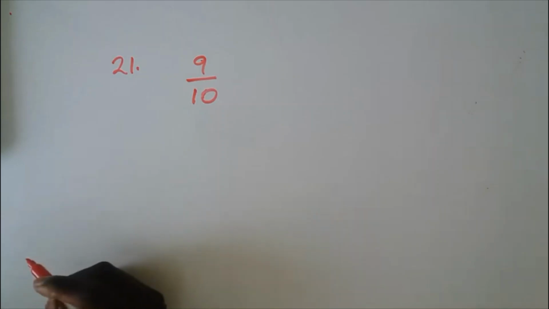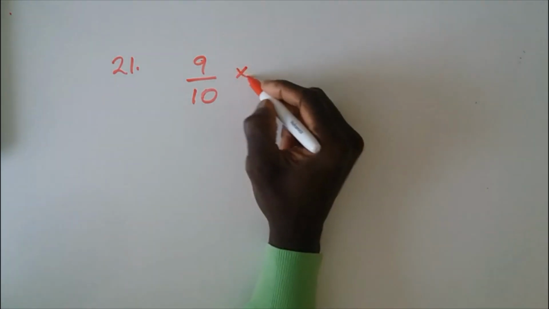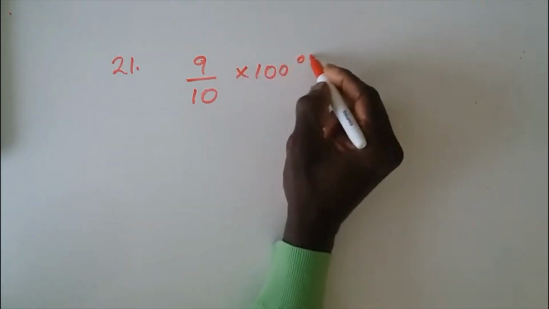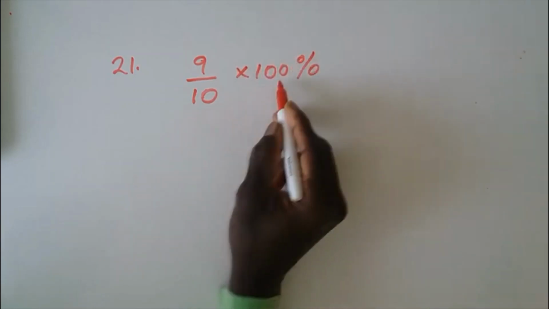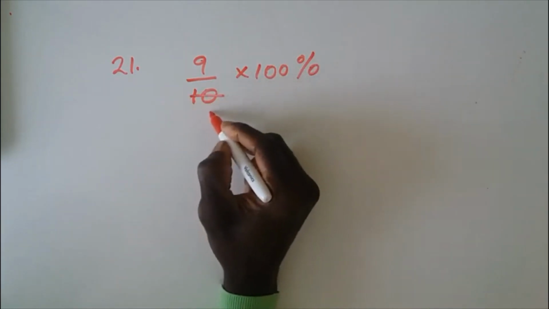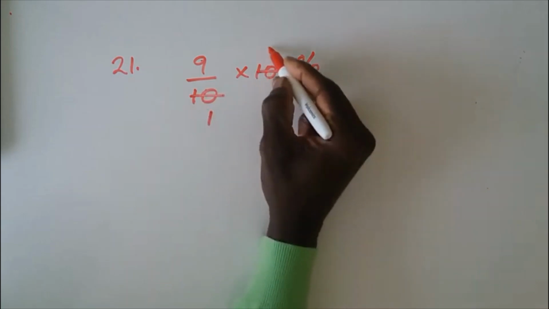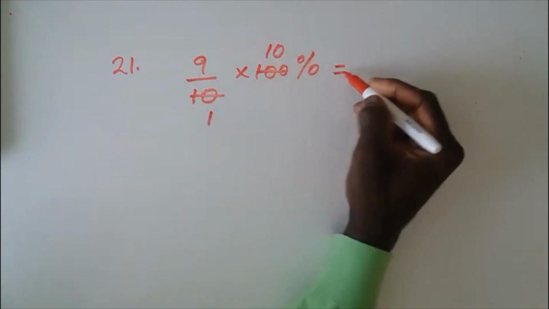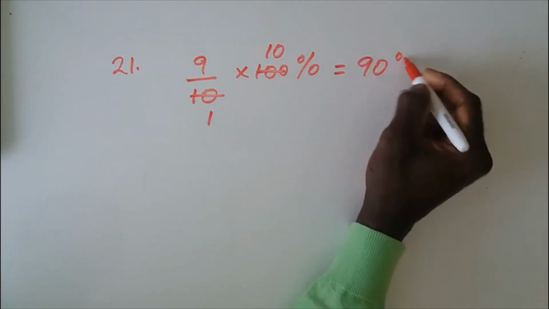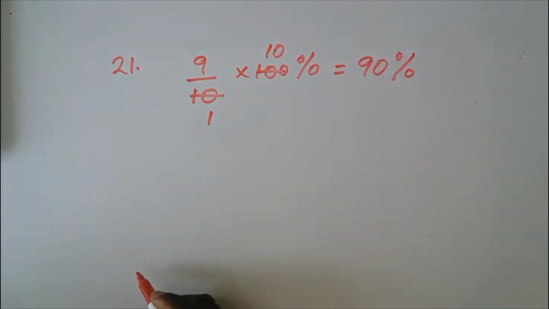To convert this fraction to a percentage, we multiply by 100%. We divide in this direction by 10. 10 into 10 is 1. 10 into 100 is 10. 10 nines are 90%. So Danny answered 90% of the questions correctly.